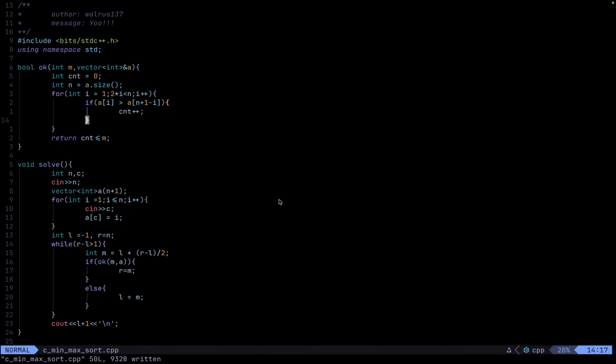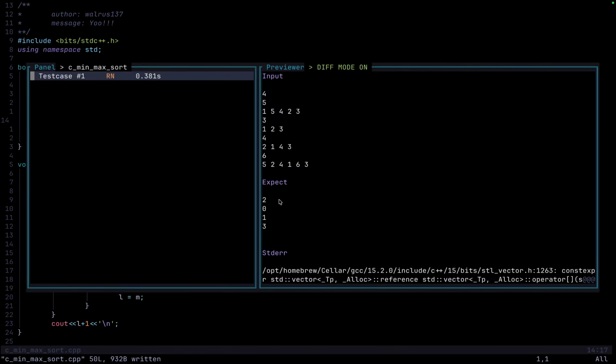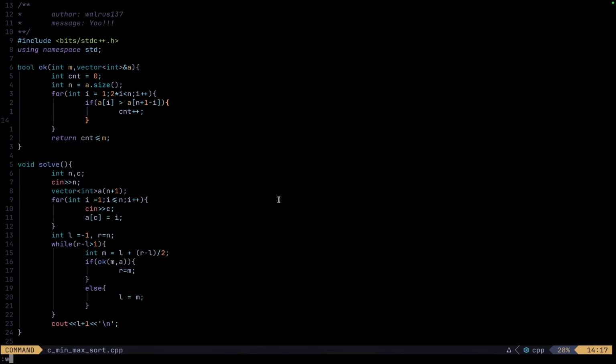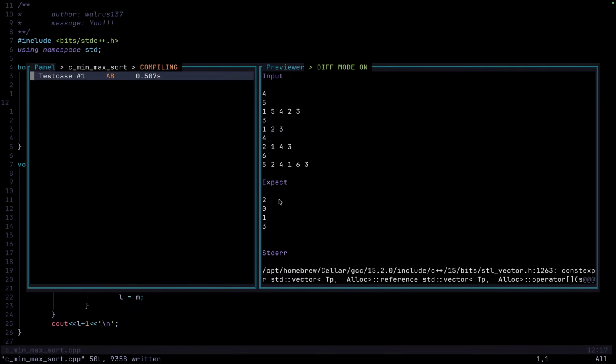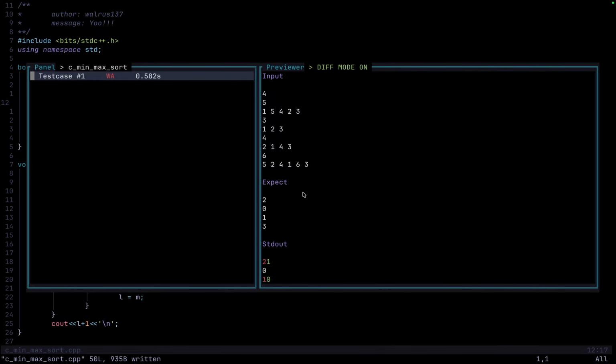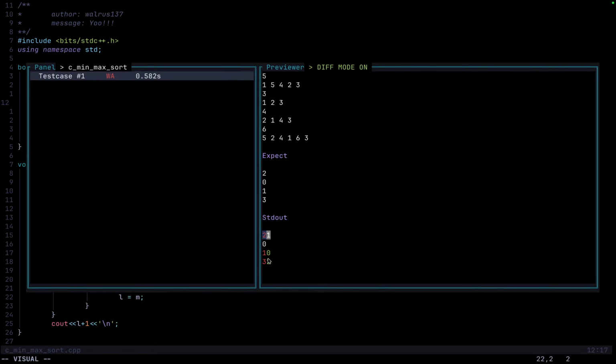Now, okay, I was hoping now it would work, but it is not. Now at least we are not getting out of bounds, which is cool. Here we are getting 1, here we are getting 0, here we are getting 3.